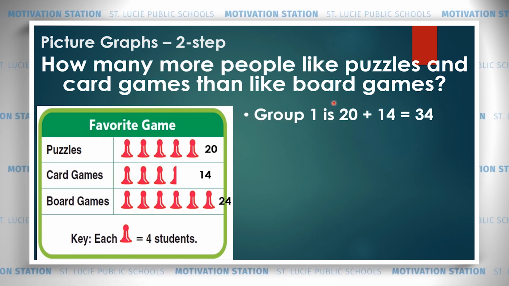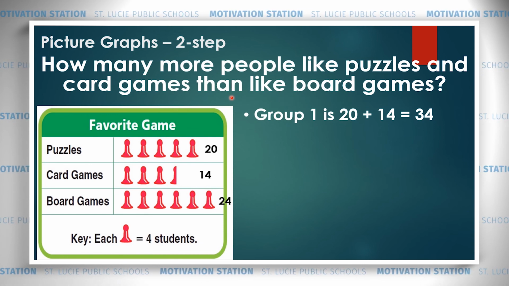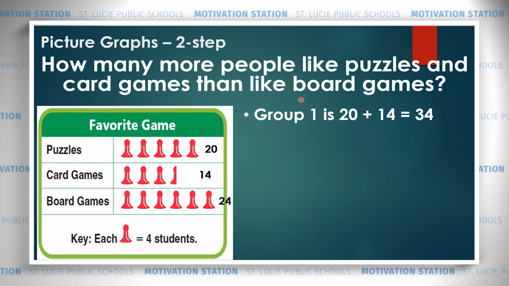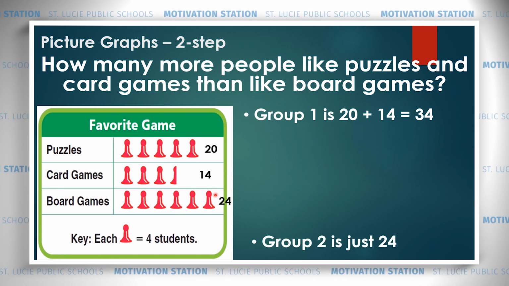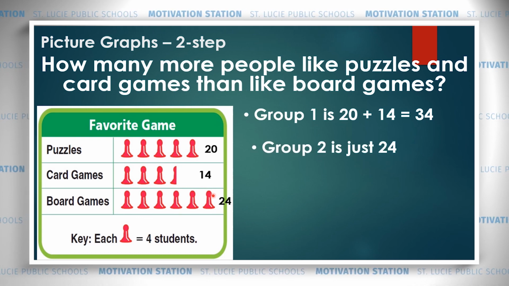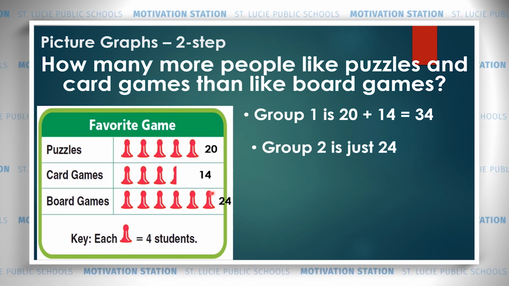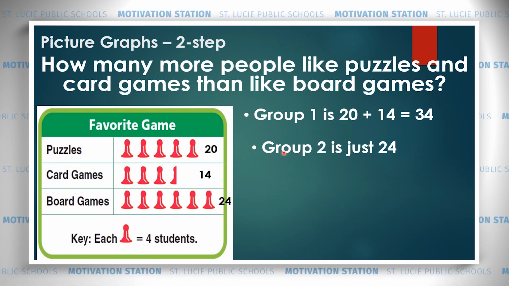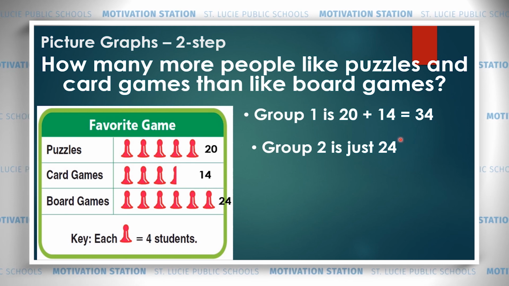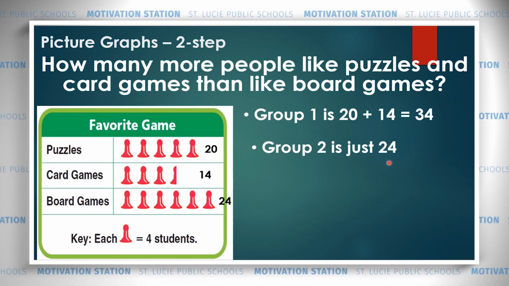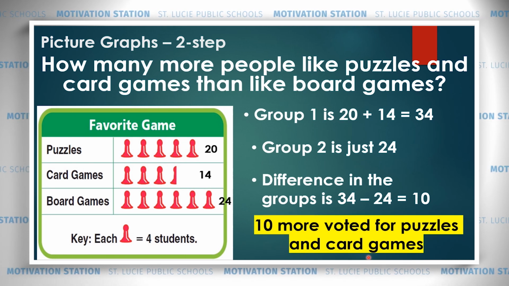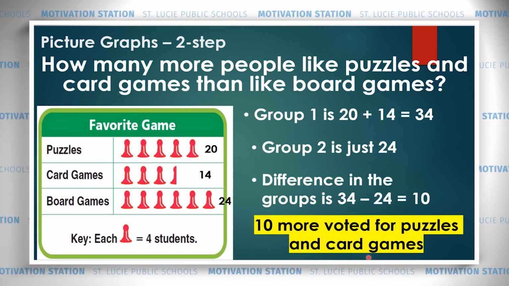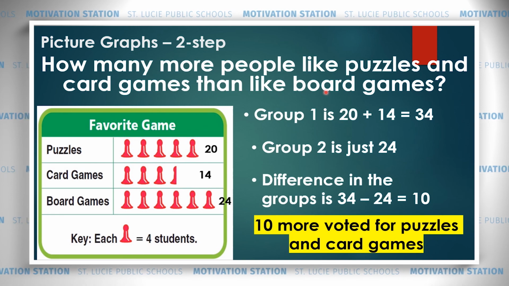The second group only has 1 part to it, just board games. So group 2 is represented by 24. Then my final step is to find the difference in the two groups. So 34 minus 24 is 10. Therefore, 10 more people voted for puzzles and card games than voted for the board games.